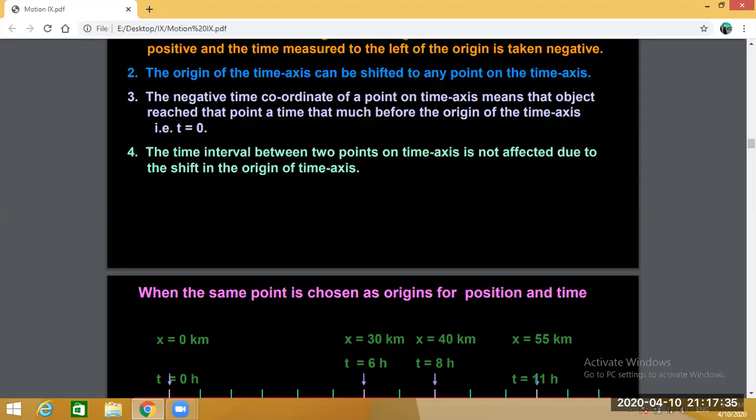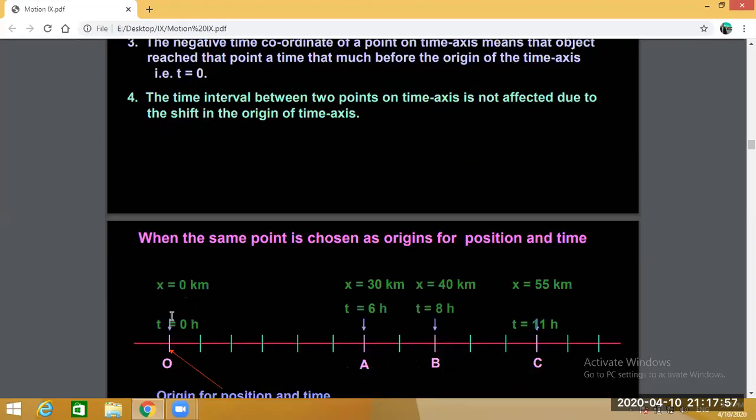Now, when the same point is chosen as origin for the position and time, we can take origin for the time axis separate and origin for the position axis separate, but that may be inconvenient for the observer. But if we take the position and time with the same origin, then this is the origin, and here origin of time axis and origin of position axis both are the same at the point O. This is called origin.